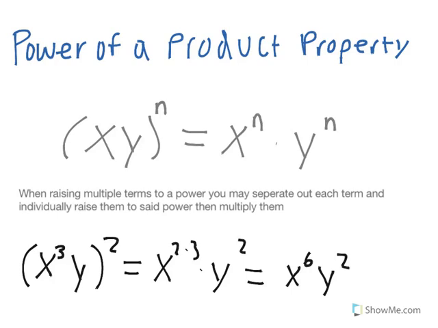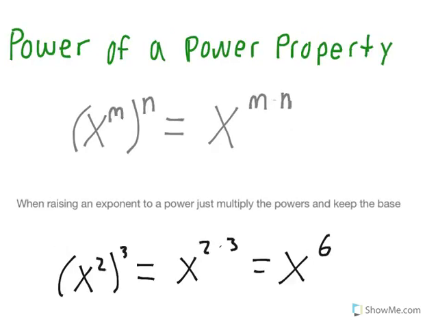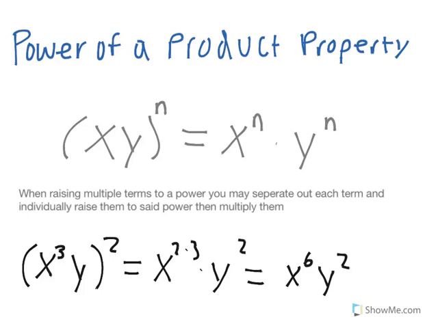And here's an example with numbers. X cubed times y, all to the 2nd, would equal x to the 2 times 3. And this one doesn't have to have the same base, as you notice. X to the 2 times 3, because that was part of our power property here. And then y to the 2nd. So I get x to the 6th and y to the 2nd.